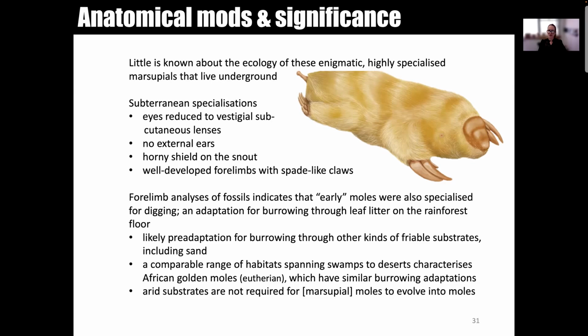And a comparable range of habitats spanning swamps to deserts actually characterises African golden moles, which are obviously eutherian mammals, which have similar burrowing adaptations. So collectively, this shows that arid substrates are obviously not required for moles to evolve into moles and to achieve a subterranean existence and evolve those traits that facilitate that existence.